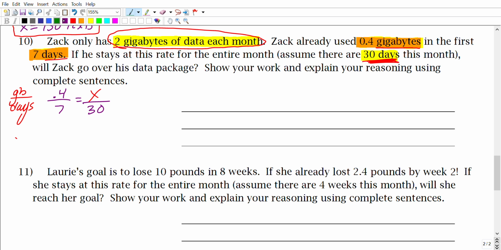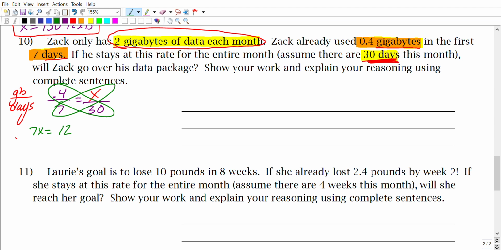All right, so let's go ahead and multiply these out. So let's see what we get. We get 7x equals, multiply 0.4 by 30. We should get 12. Let's double check that. I'll double check my work real quick. So 0.4 times 30, that is 12.